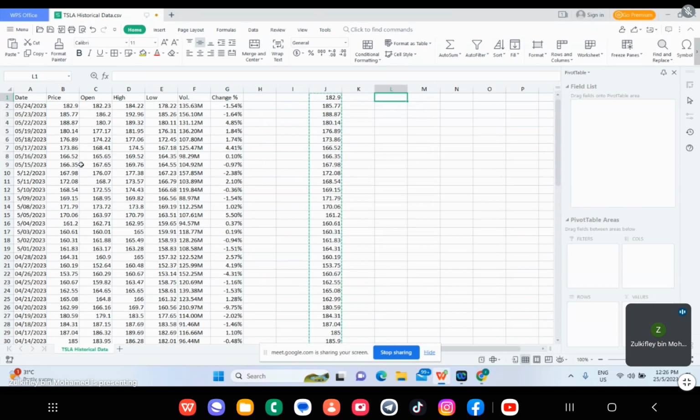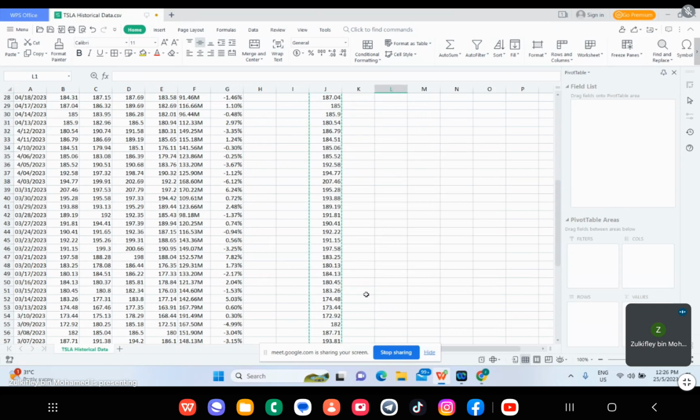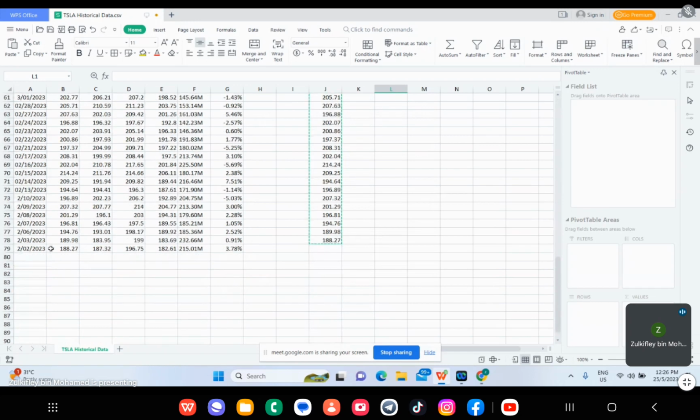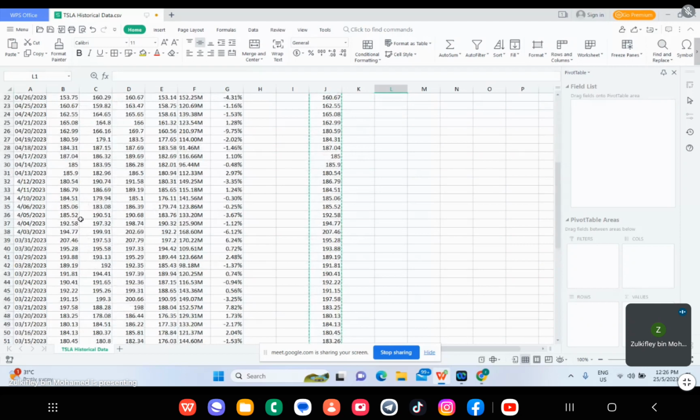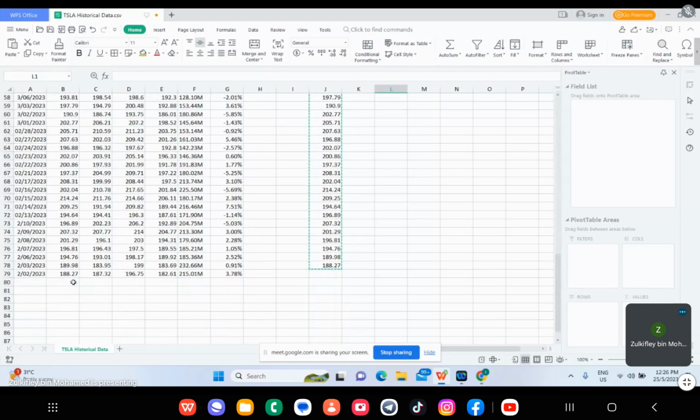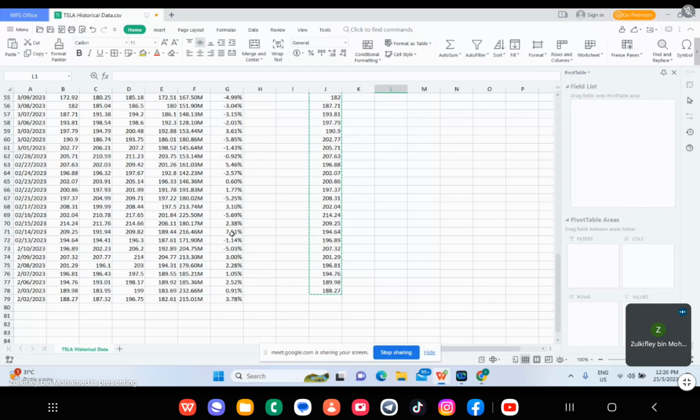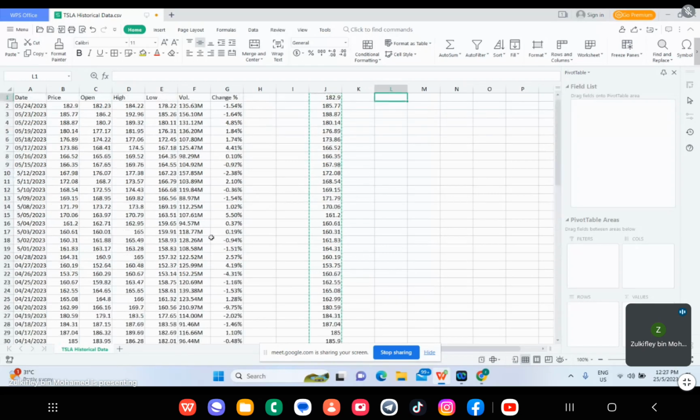Tapi data ni terbalik, daripada highest ke lowest. Kita nak lowest ke highest kan? Jangan silap. Data ni daripada terkini hingga yang ke bawah. Kita nak daripada bawah, jadi kena inverse. Awak carilah macam mana nak terbalikkan. Saya tak dapat cari di sini, tapi ada cara dia dalam Excel boleh terbalikkan.